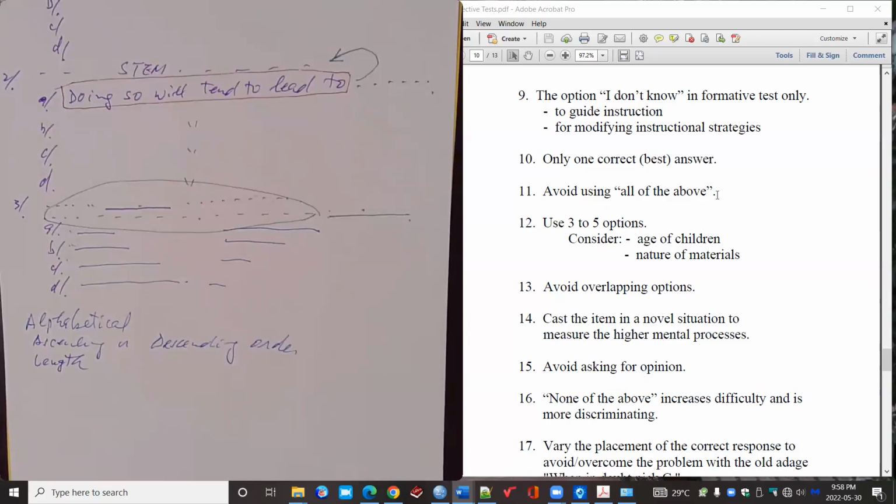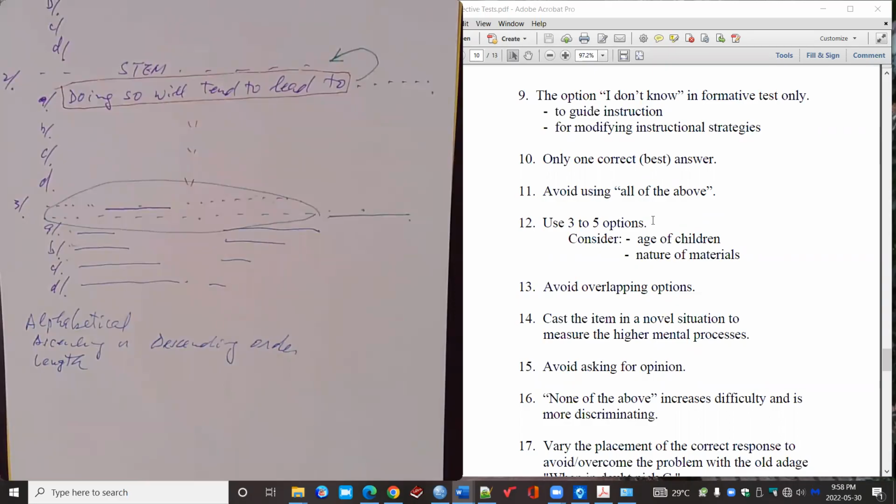More discriminating is good. By that I mean, if an item has good discrimination, it discriminates between the students who know the answer and the students who don't know the answer. So an item with good discrimination can separate the good students from the bad students.